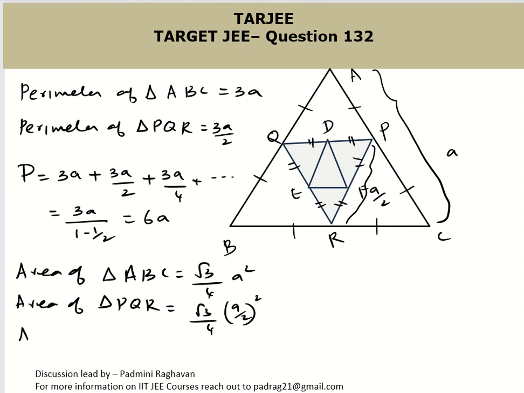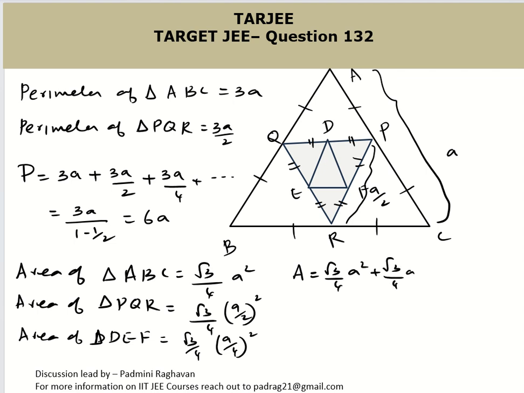Next, the area of triangle DEF is going to be root 3 by 4 into its side, which will be A by 4, the whole square. So they are talking about capital A as the sum of all the areas. So capital A is going to be root 3 by 4 A square plus root 3 by 4 A square into 1 by 4 plus root 3 by 4 A square into 1 by 16.